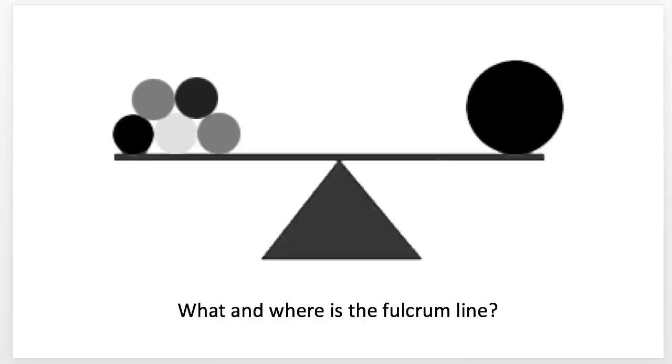Alright, so back to a fulcrum line. What is a fulcrum line? What's a fulcrum point? Well, on a seesaw, it would be that point in which things balance out or tilt to one side or the other, right? So if you can imagine a line running this way, each side of it has to be balanced to be in balance.